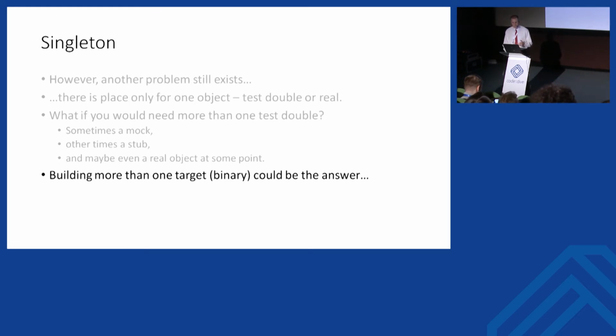Building more than one target binary could be the answer, but building many binaries has its own issues. You have to take care in the build system not to build the same sources more than once. I have seen projects which went that way, that almost every unit test of every class was a separate binary file, and they kept building infinitely long because the build system was screwed up and built the same sources for dependencies for every one of the unit tests separately, because it's much more difficult to maintain it otherwise if you have different targets and they might have different options, and they sometimes did have different options.